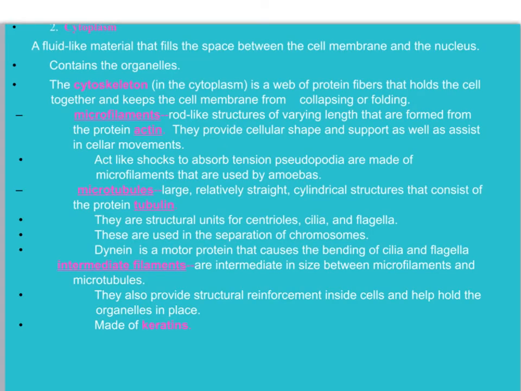Okay, so this slide we're talking about cytoplasm. Cytoplasm is a jelly-like or fluid-like material, and what it's doing is filling up all the extra space inside of the cell. So you have the nucleus inside of the cell membrane, and then all your organelles, and if it's not an organelle or the nucleus or some other cellular structure, then the cytoplasm is going to fill in this space.